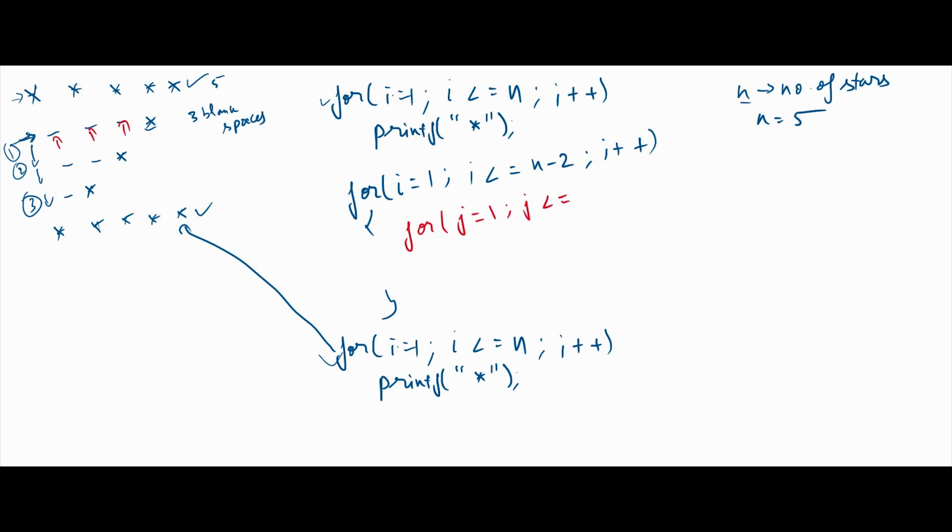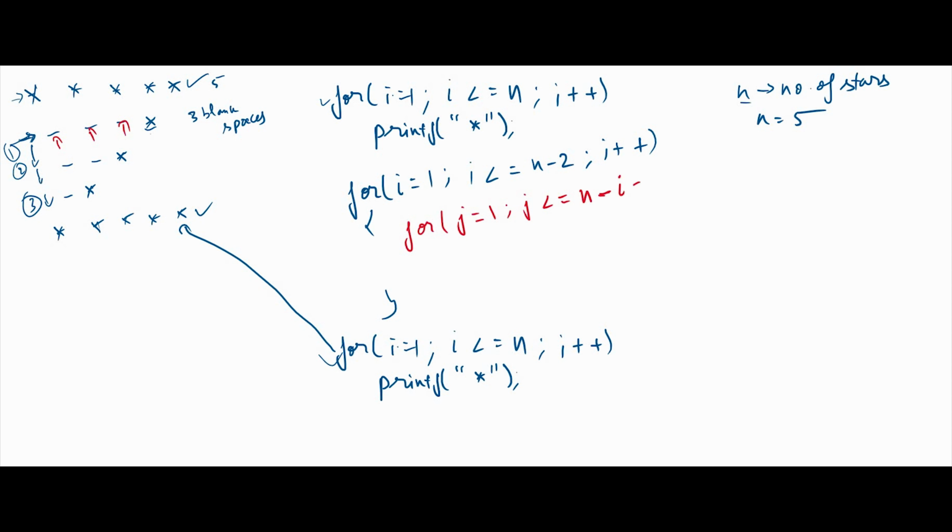So j will move from 1 to less than or equal to n minus i minus 1. This n minus i part is for the blank spaces. And why this minus 1? Because after printing the blank spaces, we have to print a star also.